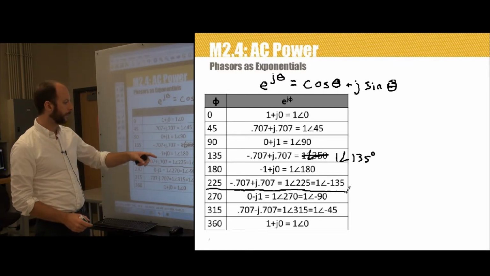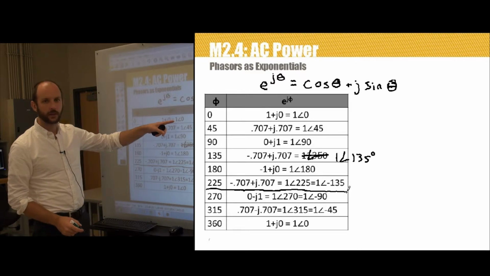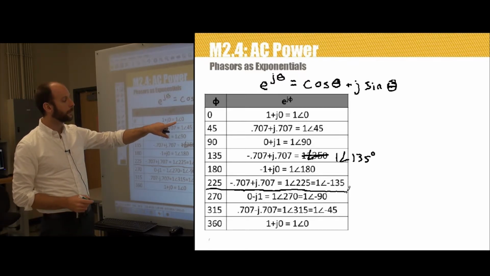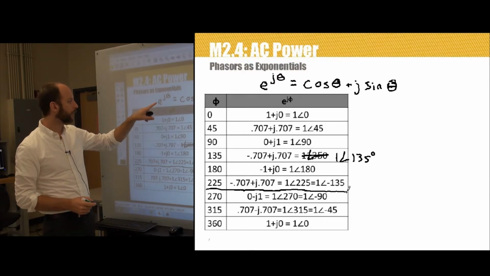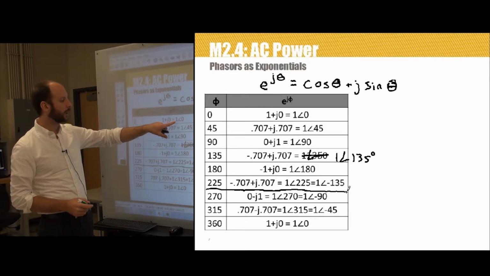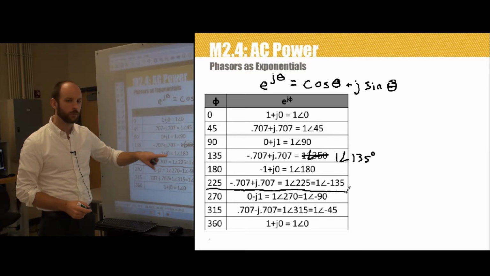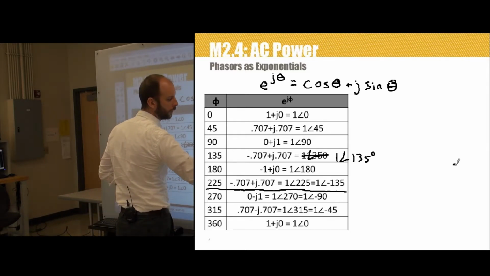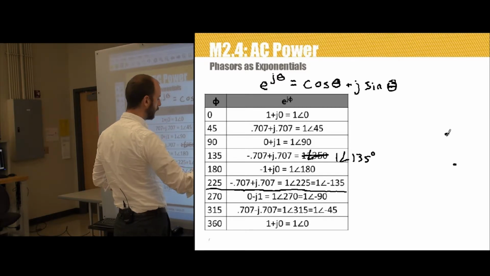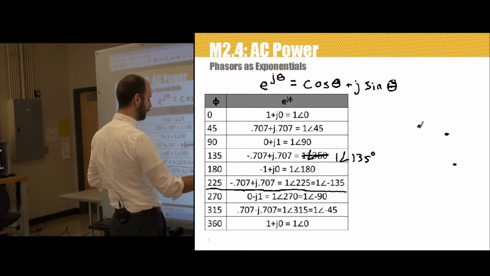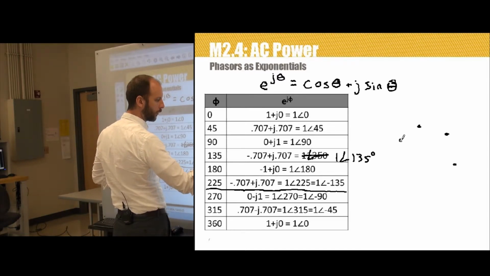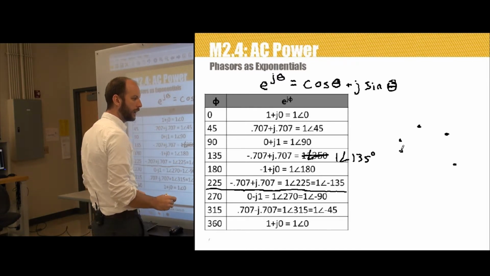So what you'll see here is that as we're rotating, the magnitude of the result of the function stays at 1, 1, 1, 1, 1, 1, and it goes from 0 to 45 to 90 to 135 to 180.